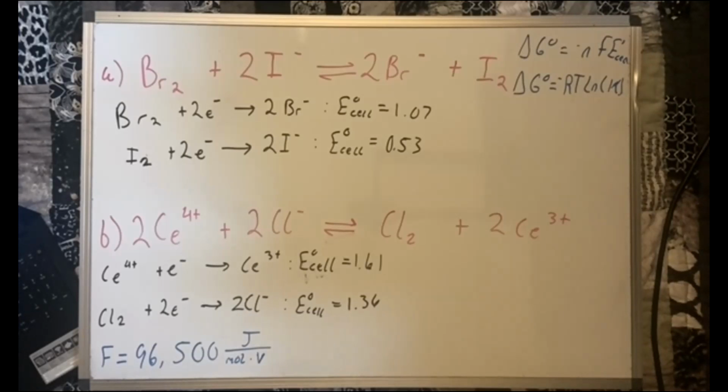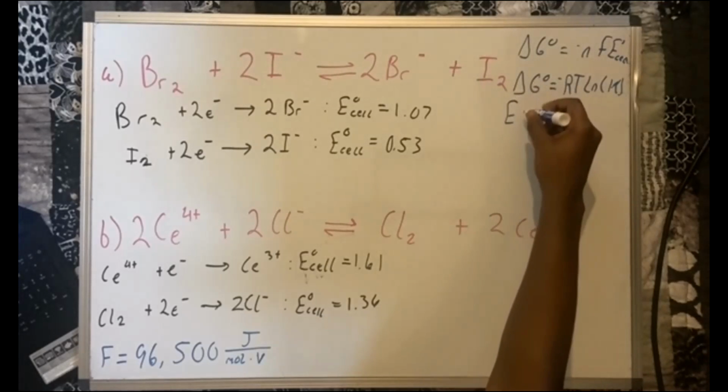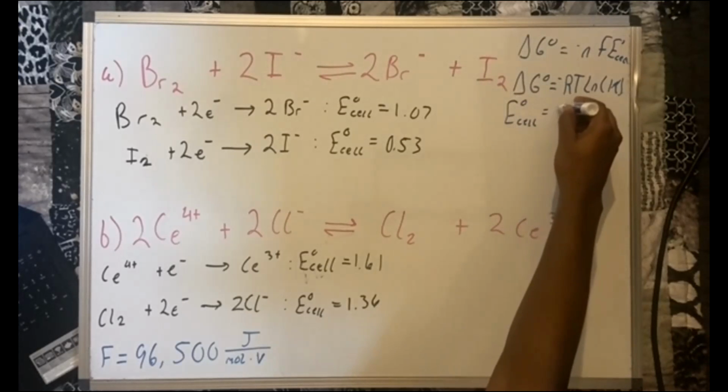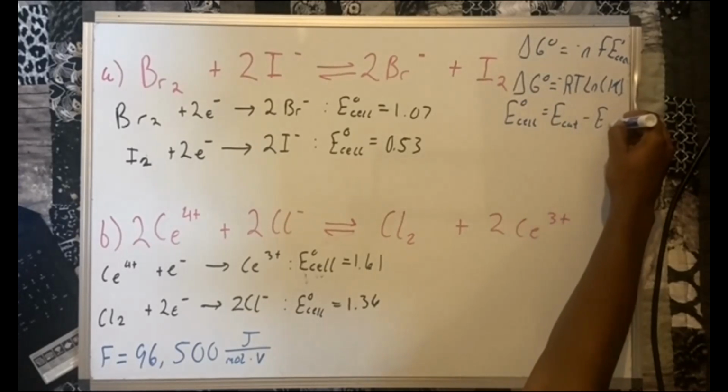Joule per volt mole, cool. Oh, and then the Ecell equals E of the cathode minus E of the anode.